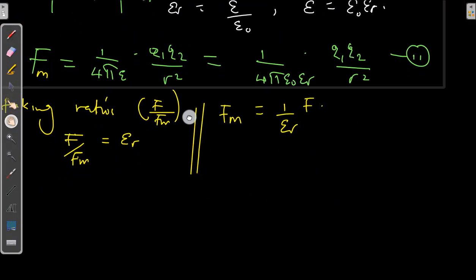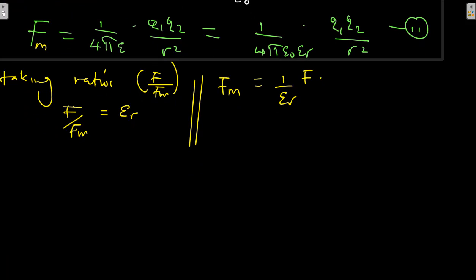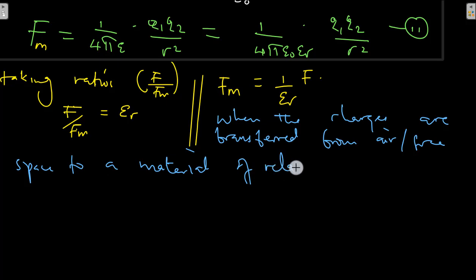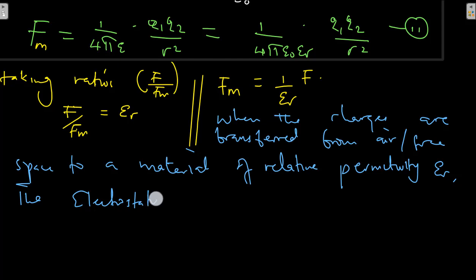This is a very important relationship because it tells us that when the charges are transferred from air or free space to a material of relative permittivity epsilon r, the electrostatic force reduces by a factor epsilon r.